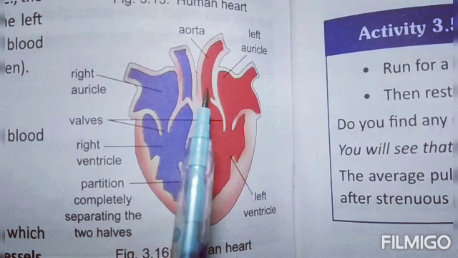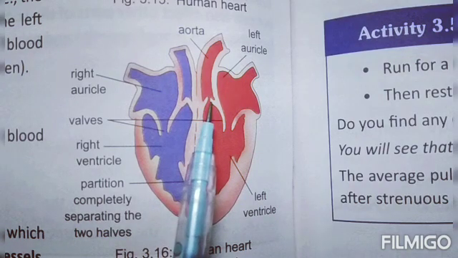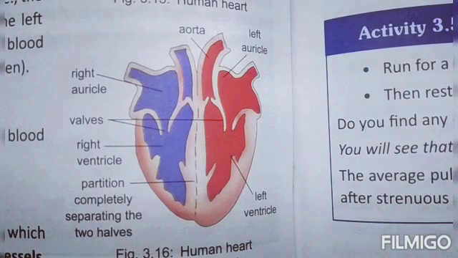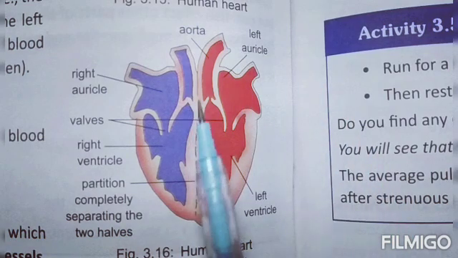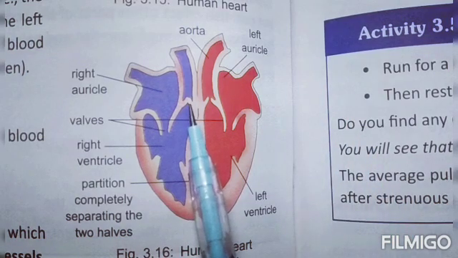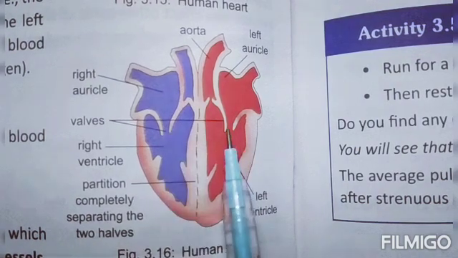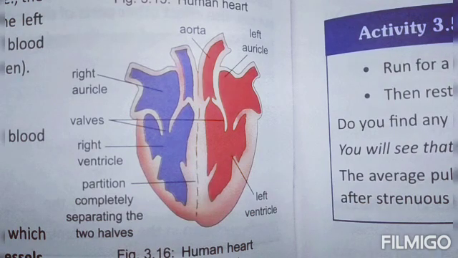Then this is the aorta, children, which again has a valve, right? You can have a look at it, children. Here is the pulmonary artery, as you can see over here, and here is a valve that is present. So these are the four valves. See, 1, 2, 3 and 4. So these are the four valves, children, that are present in a human heart.